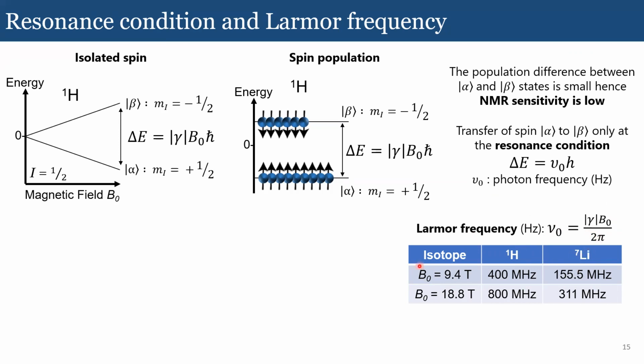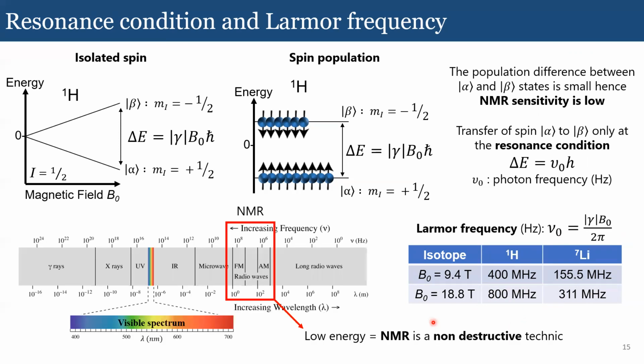From that table, you can see that if you have, for example, a 9.4 Tesla magnetic field, the proton is going to resonate at 400 megahertz, while the lithium is going to be around 155.5 megahertz. If you double the magnetic field, you are also doubling the Larmor frequency of every nucleus you are working with. That's something important to keep in mind.